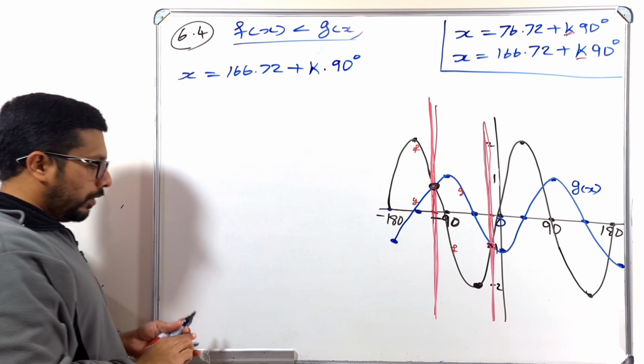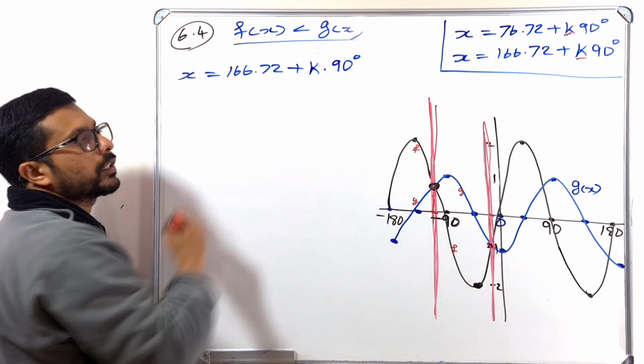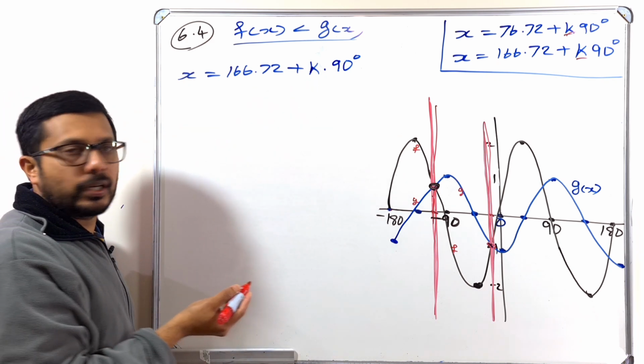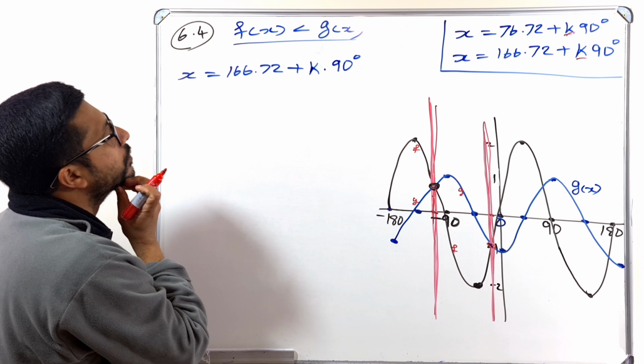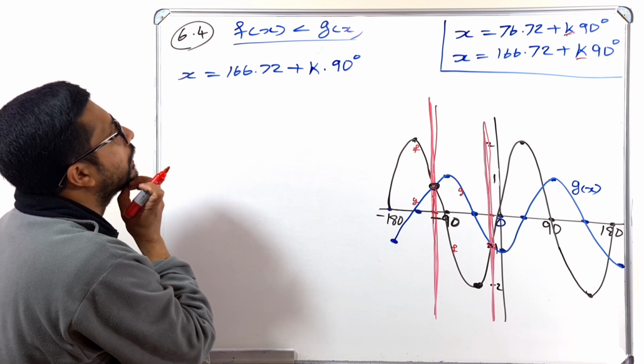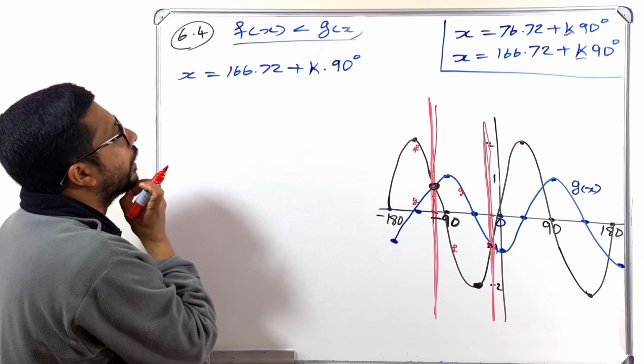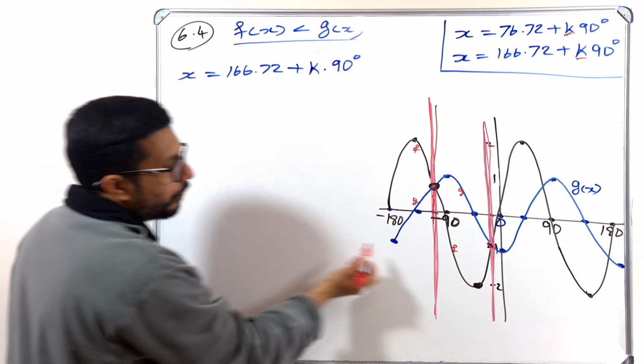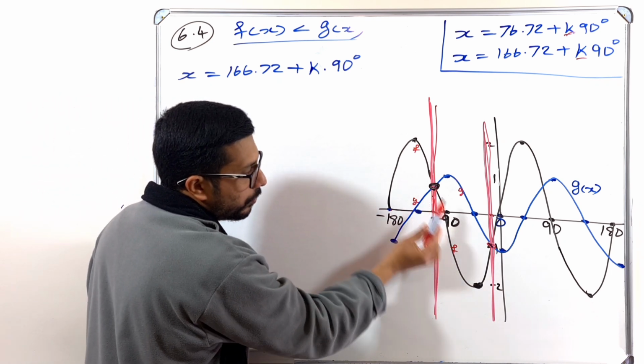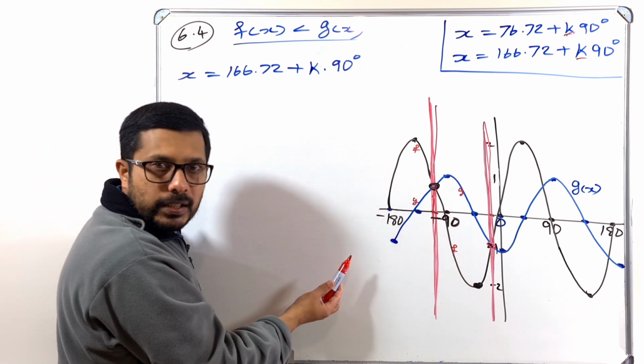Okay, so I'm going to substitute the value k as minus 1. If I substitute k as minus 1, I'm going to get a positive value. Okay, so I want an x value just after that minus 90.